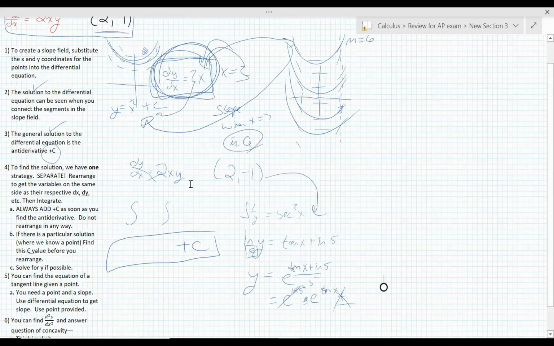Then you just need to look at the scoring guideline because it'll say something like 3 points for finding both antiderivatives, a point for finding the correct constant, and then a point for the answer. Sometimes those are 5 or 6 points. So I would just say once you have separated, look at the other pieces there to decide how well you did on it. Okay.